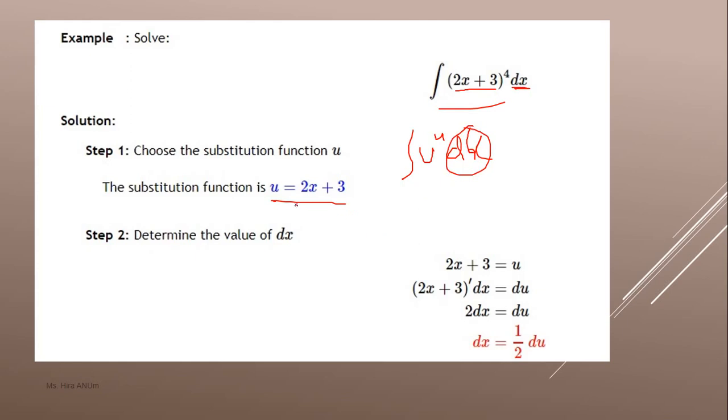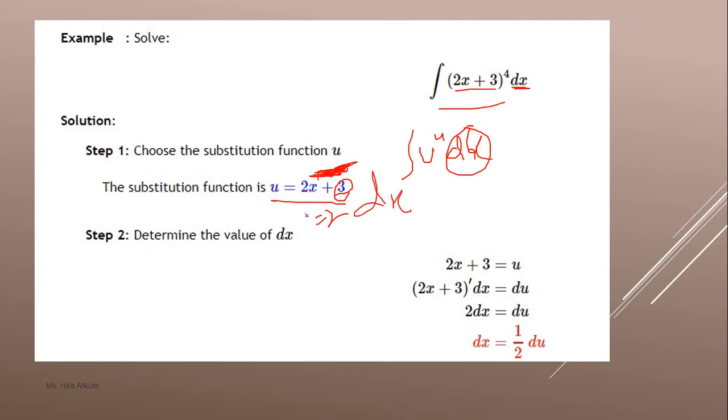Taking the derivative of this, 2 with x power 1 becomes 2 times x power 0, and x power 0 equals 1. So you know the derivative of the x variable is 1. The derivative of a constant is 0, so it becomes du equals 2 dx.